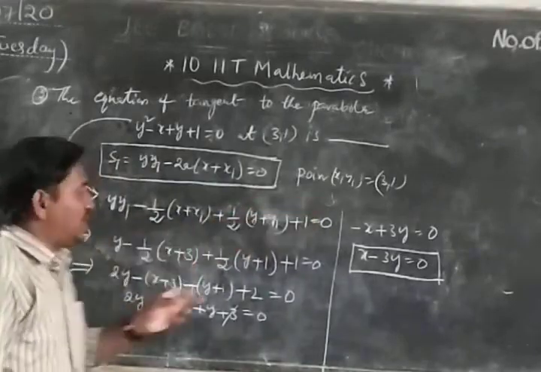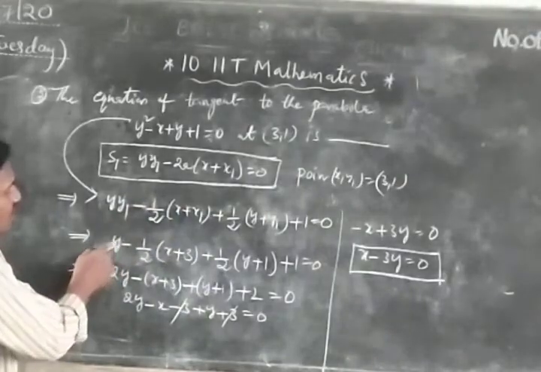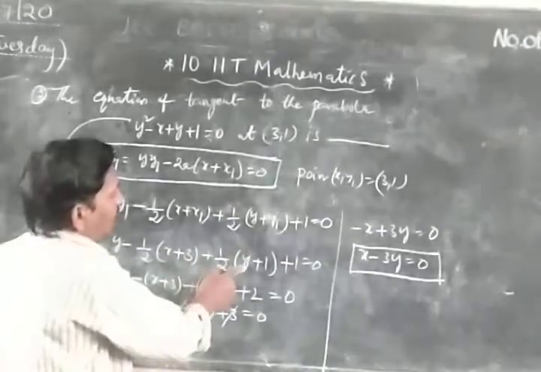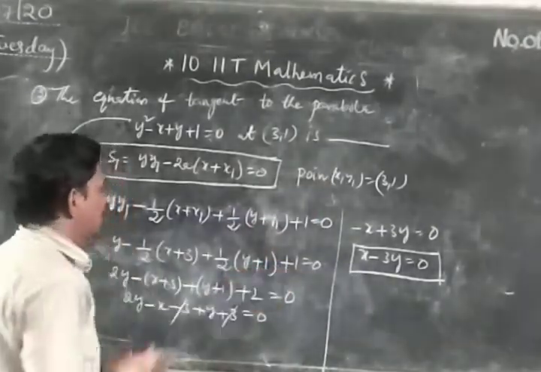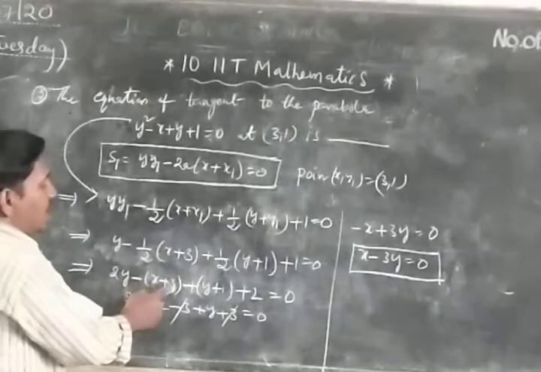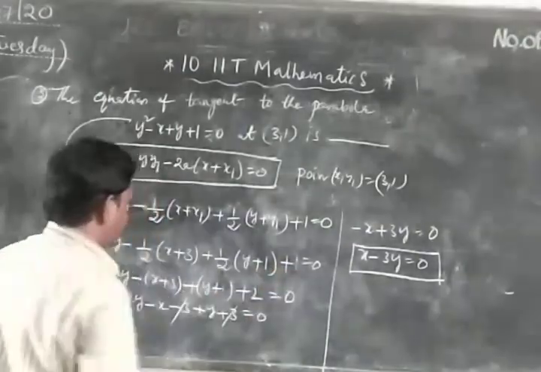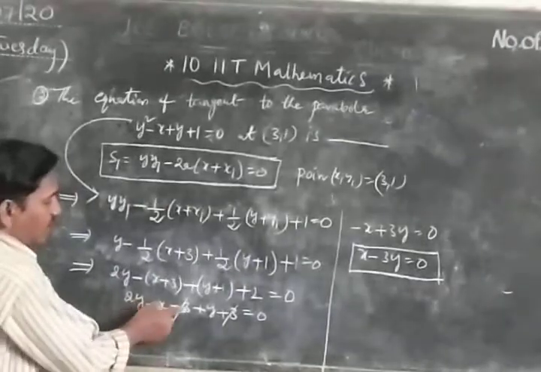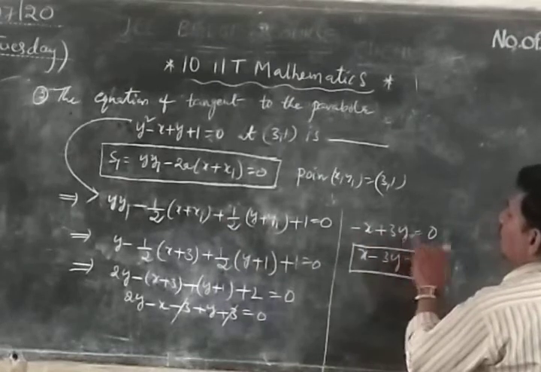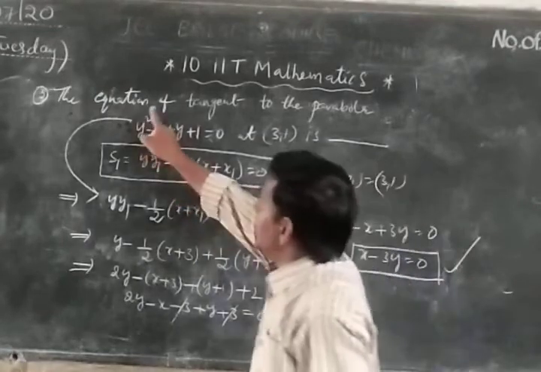Substitute the x1 y1 values in the given equation. Y1 means 1, so 1 into y, minus 1 by 2 into x plus x1 value 3, plus 1 by 2 into y plus y1 value 1, plus 1. So what is the LCM? 2. 2y minus x plus 3, plus y plus 1, plus 2. 2 ones are 2. 2y minus x minus 3, plus 3, both are cancelled. Minus x plus 3y equal to 0. X minus 3y equal to 0. So this is the equation of tangent.